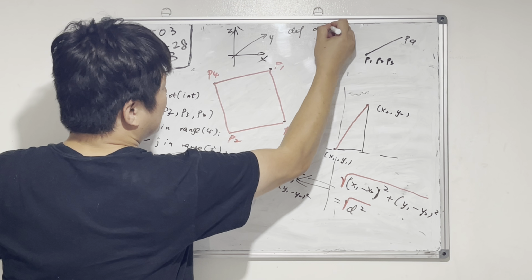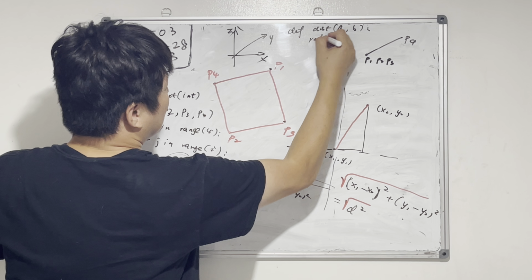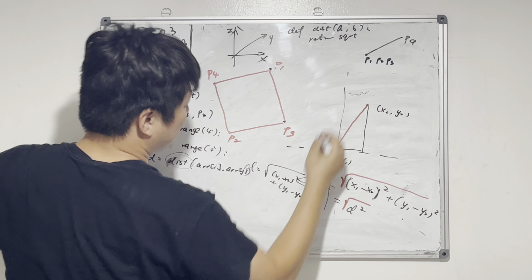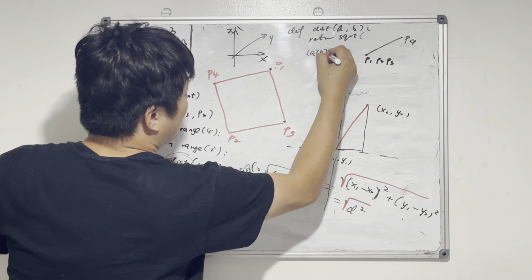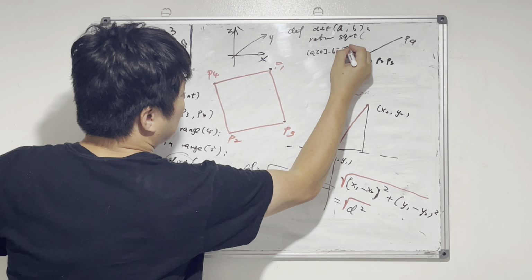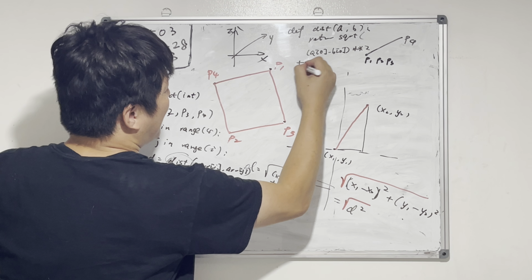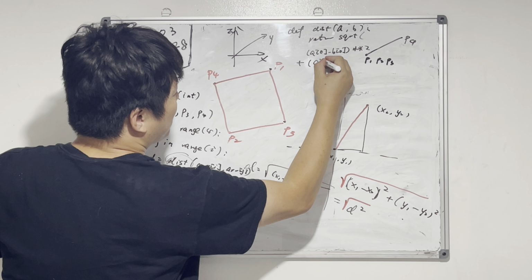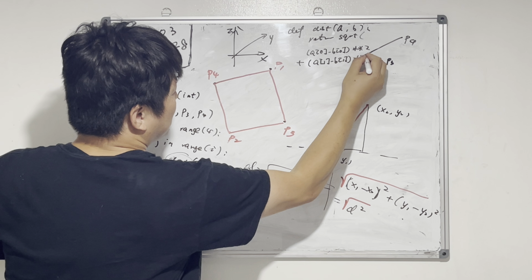Define distance(A, B): return the square root of (A0 minus B0) squared plus (A1 minus B1) squared.